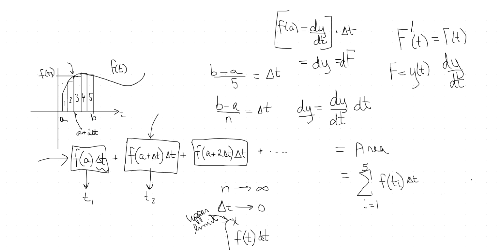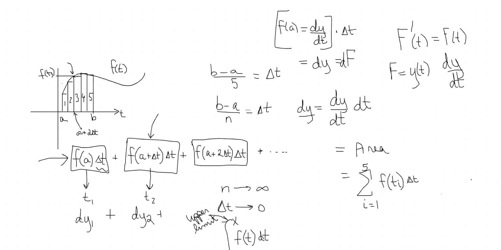This would be the first change in y, I'll call it dy1, and then you add the second change in y over the second interval, dy2, and so forth. And this has to equal the net change in the capital F function, which is not drawn here.